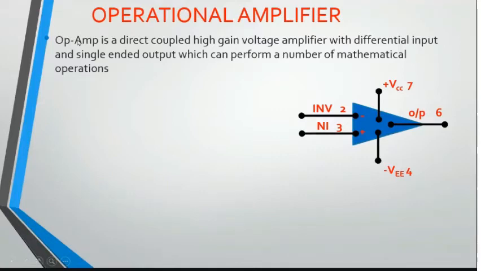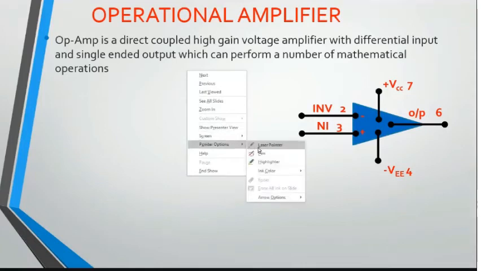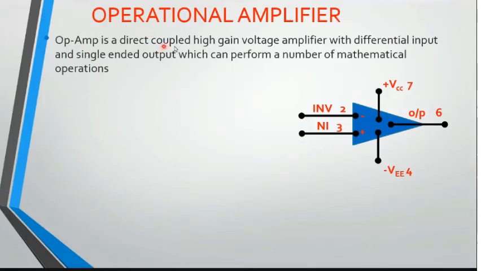So op-amp, the short form for operational amplifier, is a direct coupled high gain voltage amplifier. What are all these things? I'll be telling you in the next slides. Op-amp is a direct coupled high gain voltage amplifier with differential input and single ended output, which can perform a number of mathematical operations.